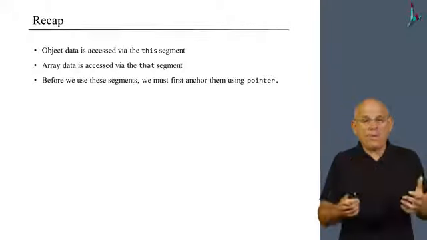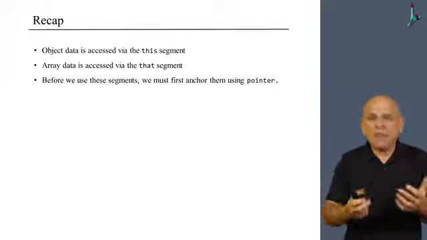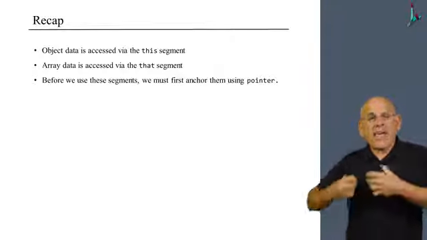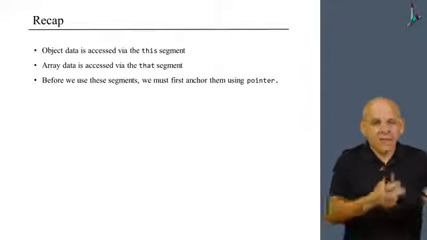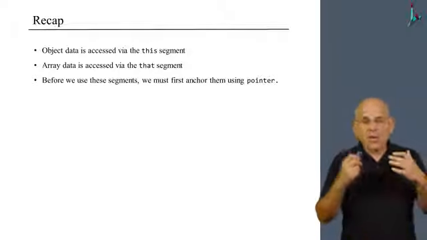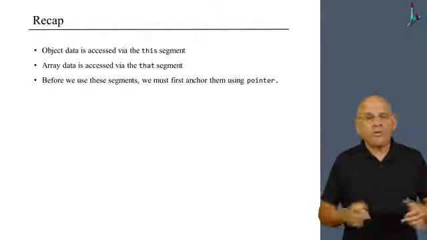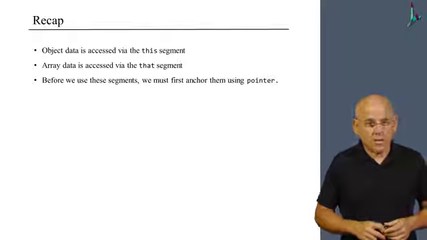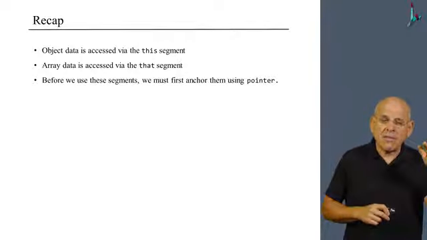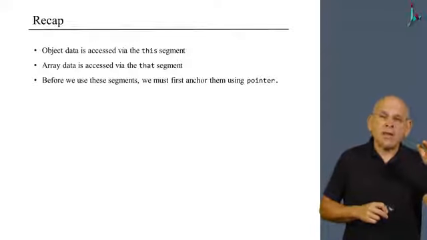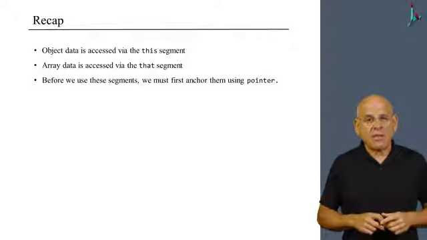And in both cases, we need to write some VM code that first anchors this and that, or any one of them, on the desired location in the RAM. And we do this using the virtual pointer segment that has two entries only, 0 and 1. 0 for setting the this segment properly, and 1 for setting the that segment.